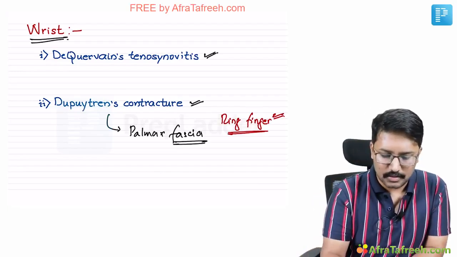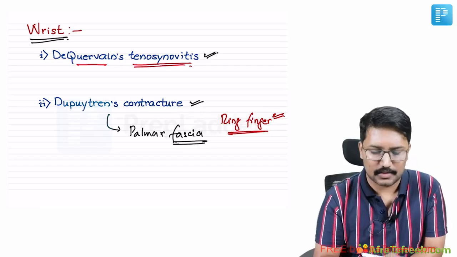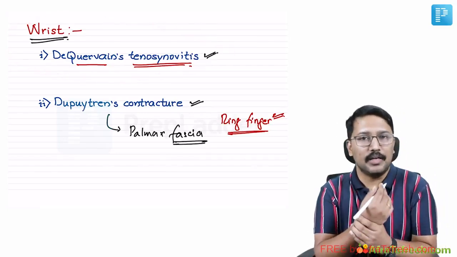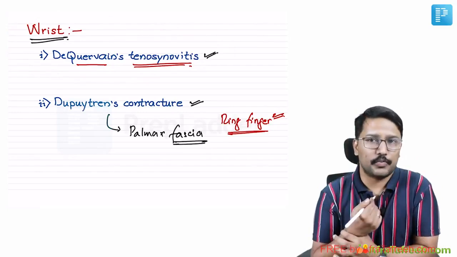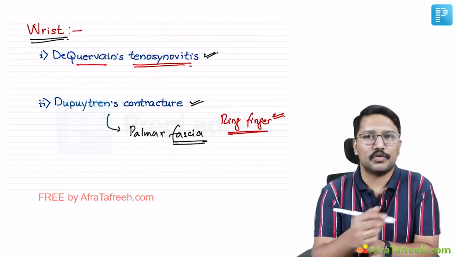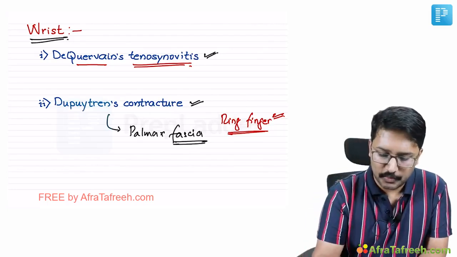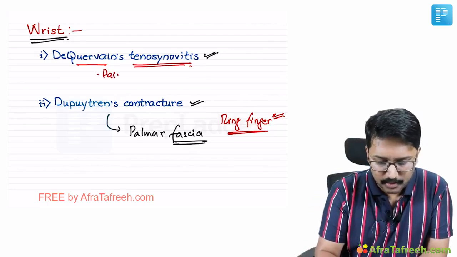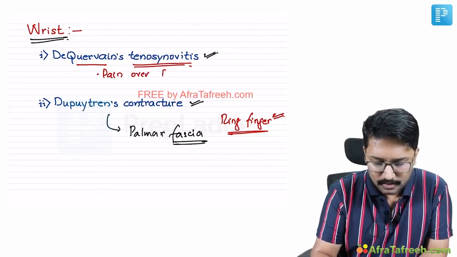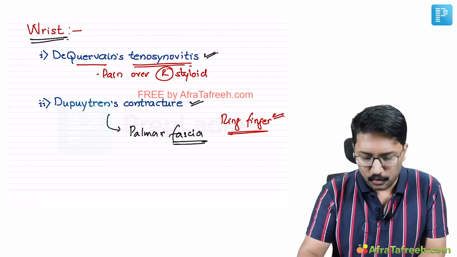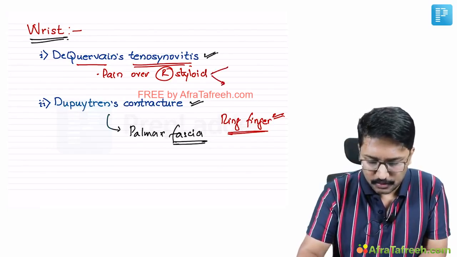Beyond that, I don't think I need to talk much about it. So let us go back to de Quervain's tenosynovitis. In de Quervain's tenosynovitis, patients usually present with pain over the radial styloid process. This pain is because of tendinitis. Now, what are the tendons passing over the radial styloid process? There are two tendons we need to remember.